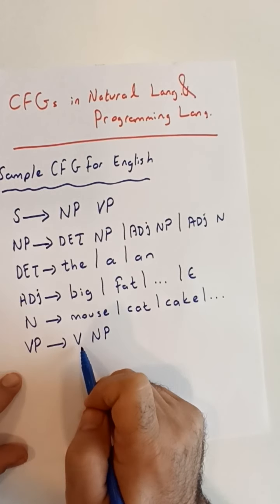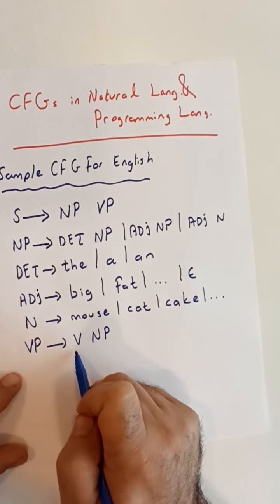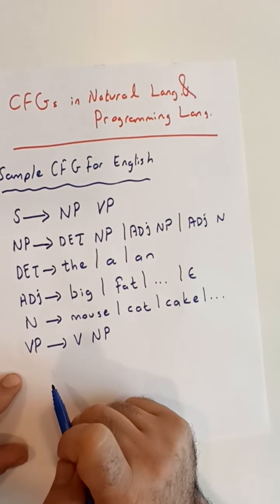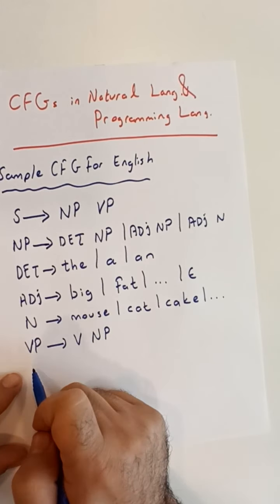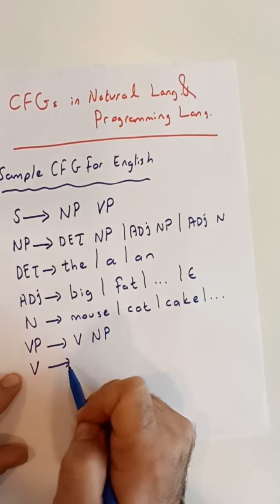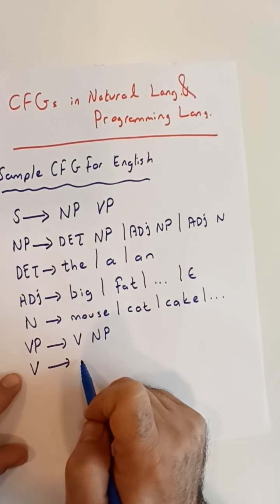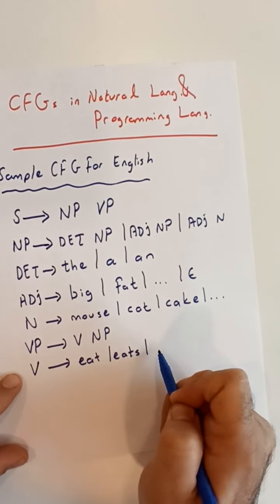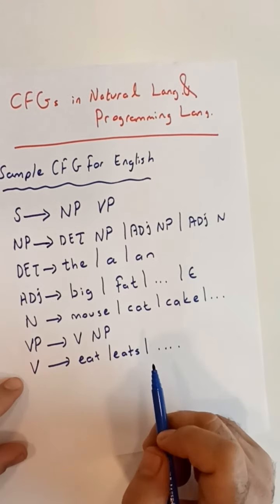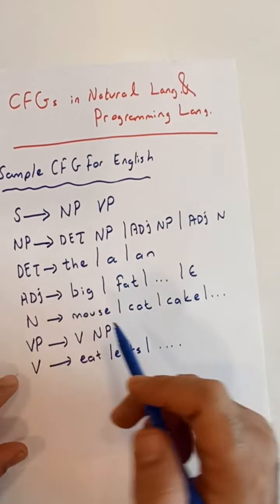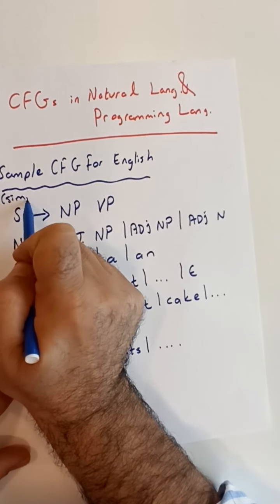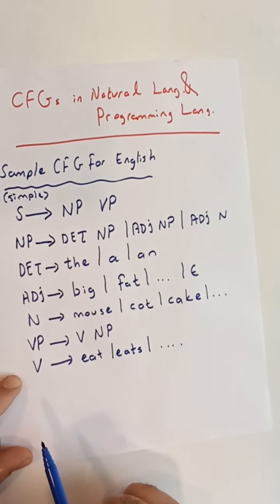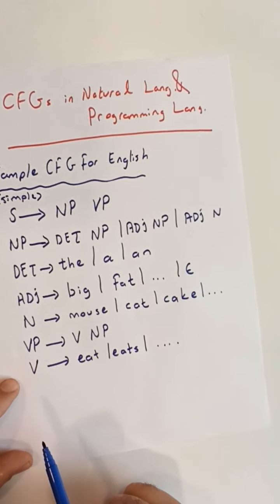So eats cake, for instance. Eats would be verb, noun phrase would be cake. And verb, let's just write some sample verbs that we could have in our grammar: eat, eats, and so on. This is just a simple sample grammar for the English language.